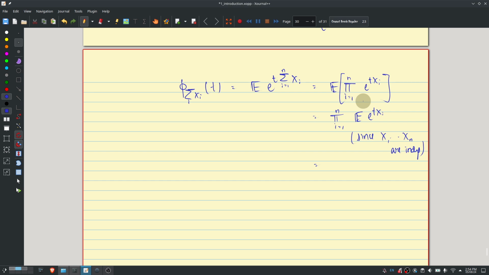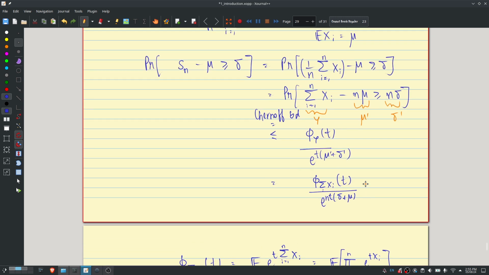So expectation of e to the power t Xi, product from i equal to 1 to n, is expectation of e to the power t X1, which is just phi X1 of t, whole to the power n, right?